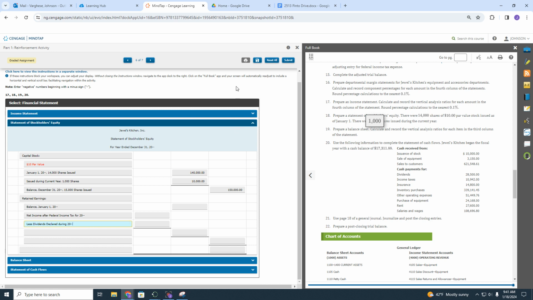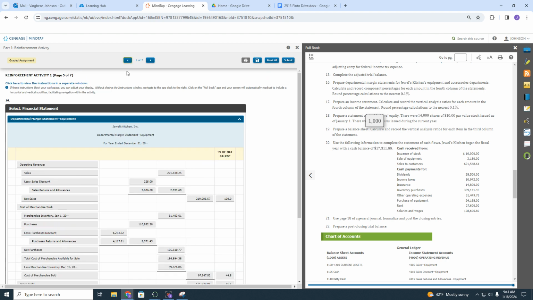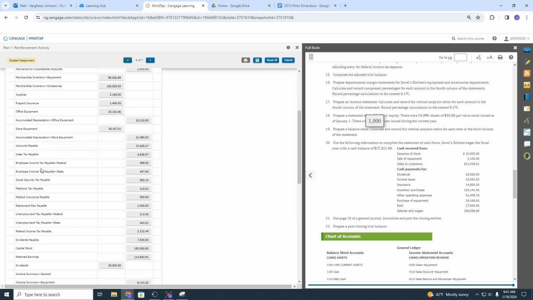So I think if I go back to the GL, I might be able to find that amount. So can somebody go back to the GL for me and look at what or actually maybe it's on our adjusted trial balance, dividends.